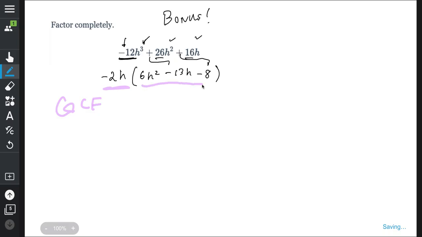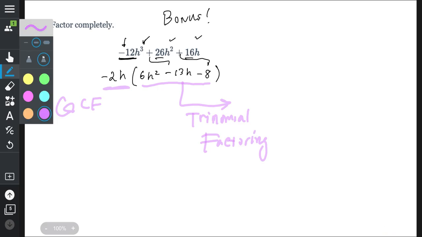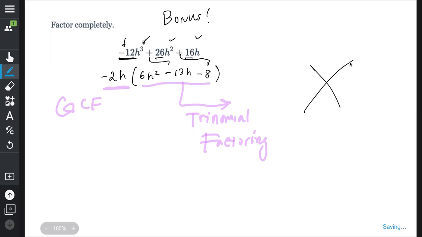It's going to be factoring this. You're going to do trinomial factoring. But when you set up your x, it's going to be negative 8 times 6 that goes on top. And then, of course, negative 13 on the bottom.